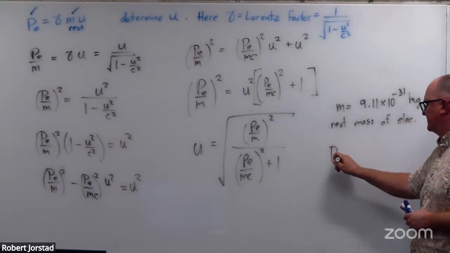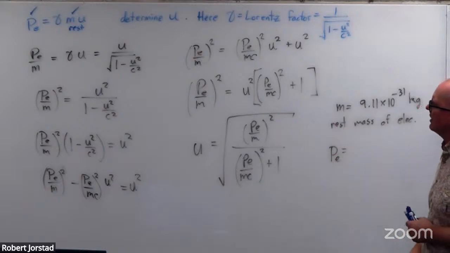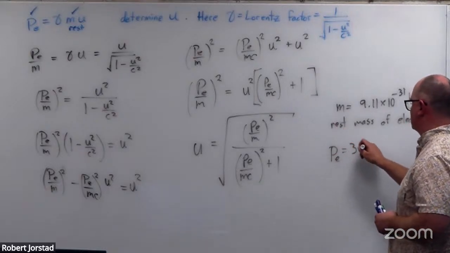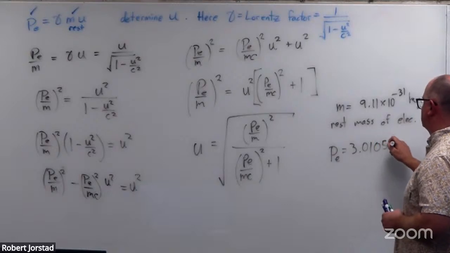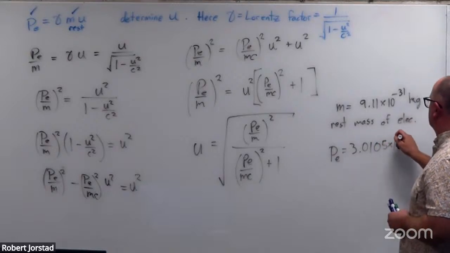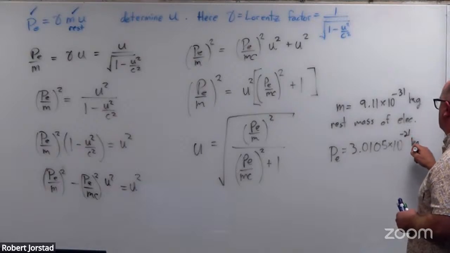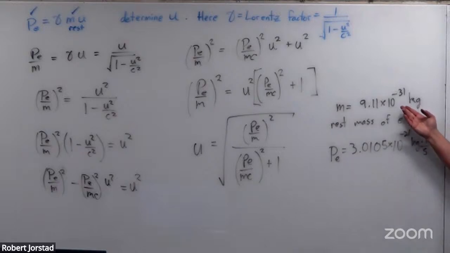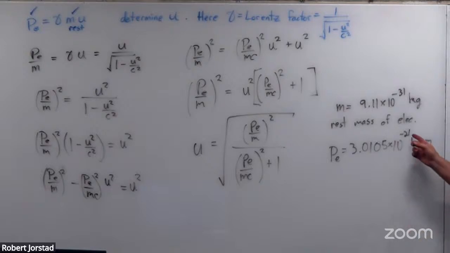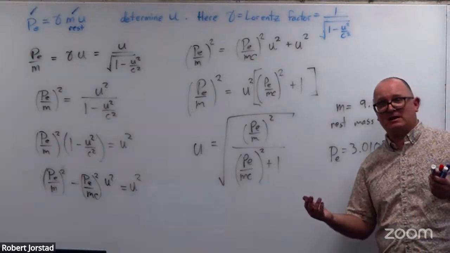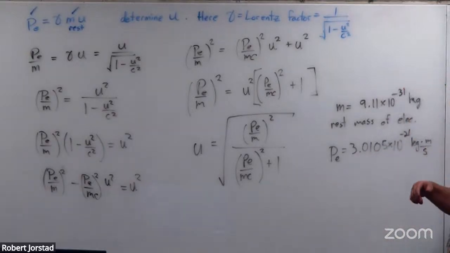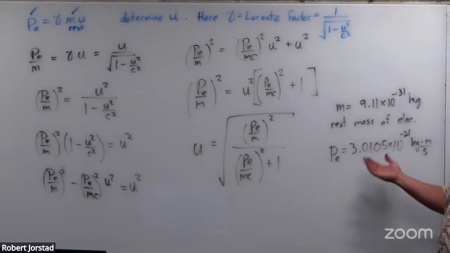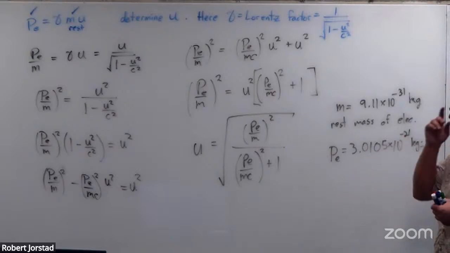PE, depending on which style you used, either one, we found it was something like 3.0105 times 10 to the minus 21 kilogram meter per second. Just look at this. If you divide PE by the mass, we're going to get something that's like 10 to the 10 meters per second. That's bigger than the speed of light. Maybe it's 10 to the 9th, something like that. But yeah, this clearly requires relativity, right?